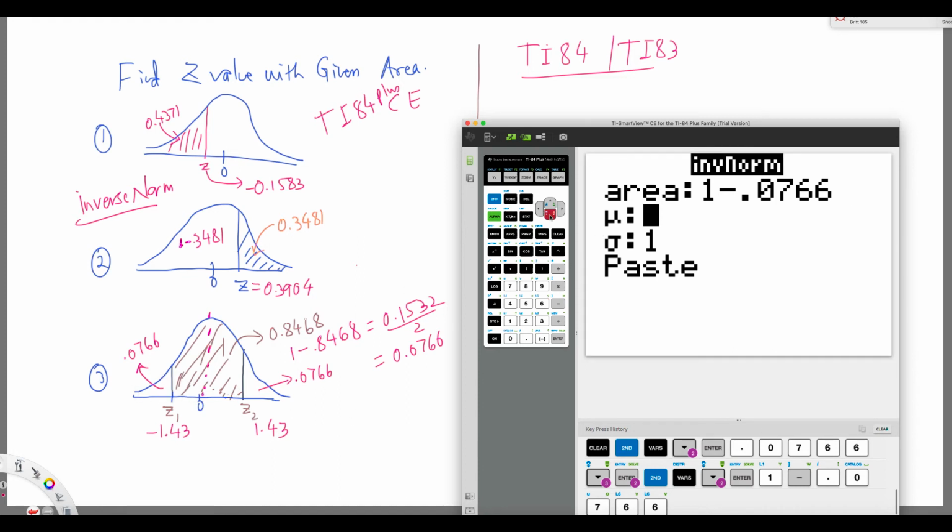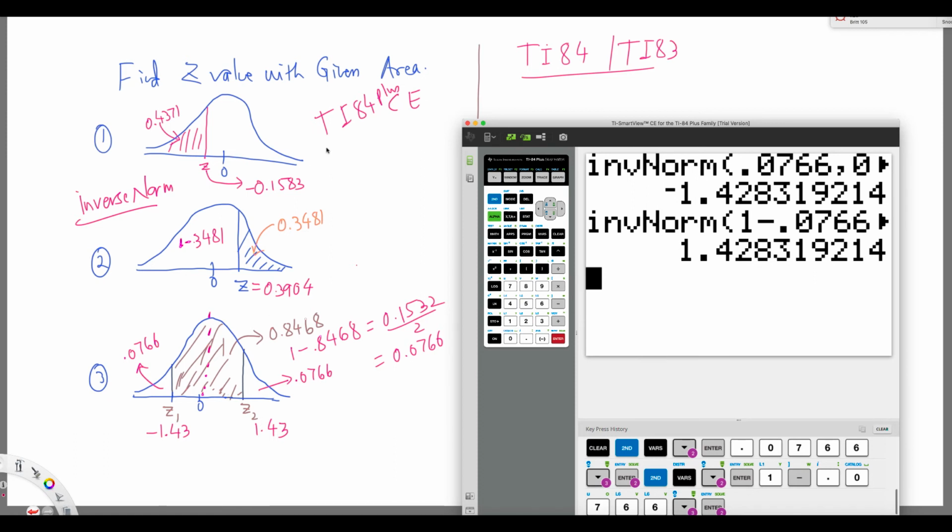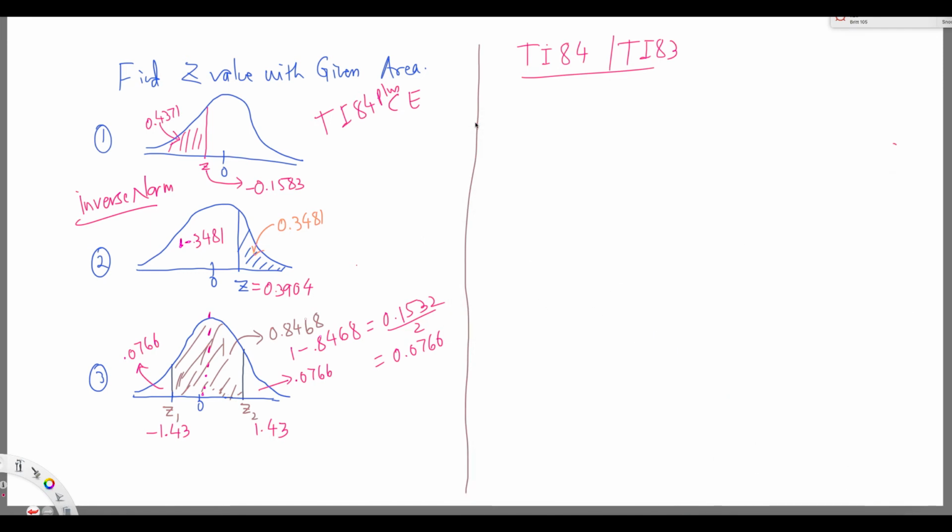Then go down, down, go to paste, hit enter. You will get 1.43, that is the 1.43 on the right hand side. So this is how you find the G value if the area left is given, if the area right is given, and if the area in the middle is given.